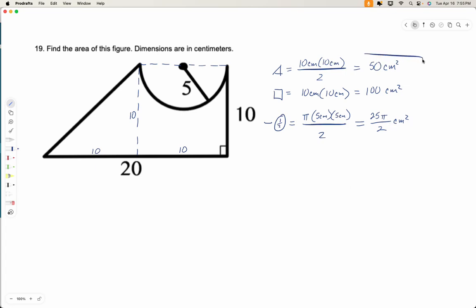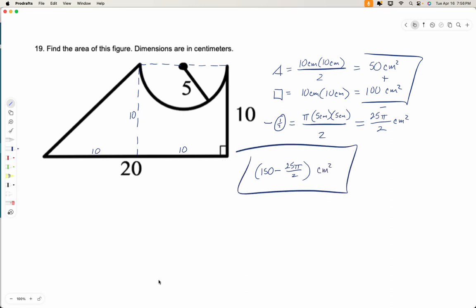So I'm going to add these two together and then subtract this one. So 50 and 100, that's 150 plus, or actually not plus, sorry, we're subtracting. So minus 25 pi over 2, and all of that is centimeters square. That's your answer.